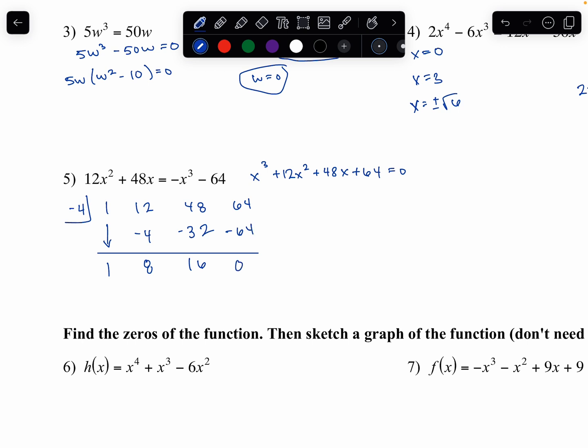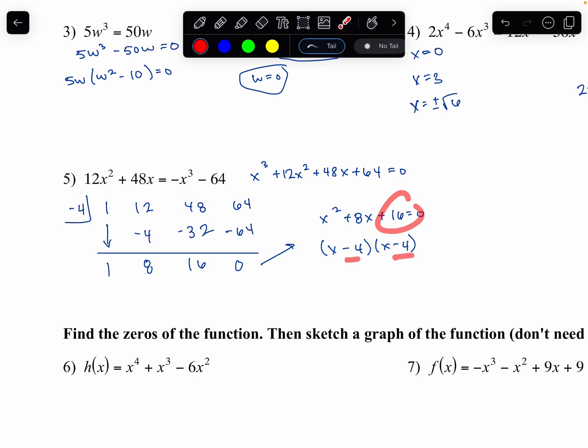So there we go. Okay, so then this is the polynomial of x squared plus 8x plus 16, that's equal to 0. That can be factored to be x plus 4 and x plus 4, because x times x is x squared, 4 times 4 is positive 16, and 4 plus 4 is 8.